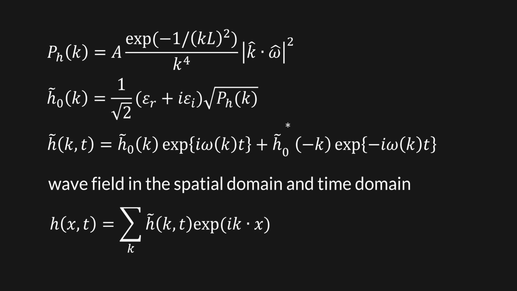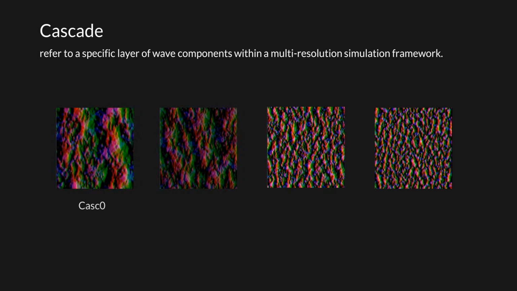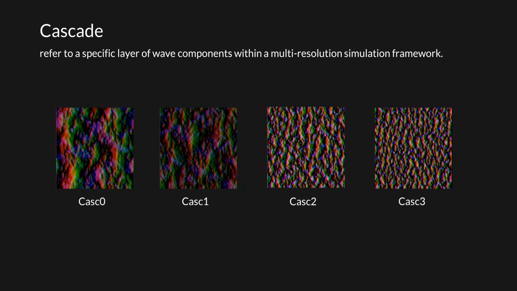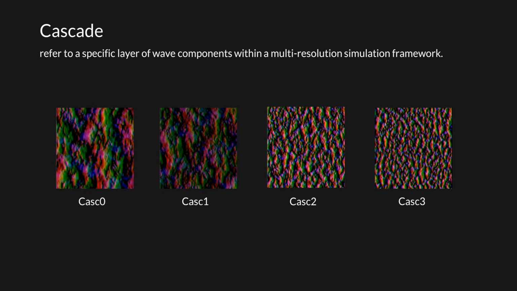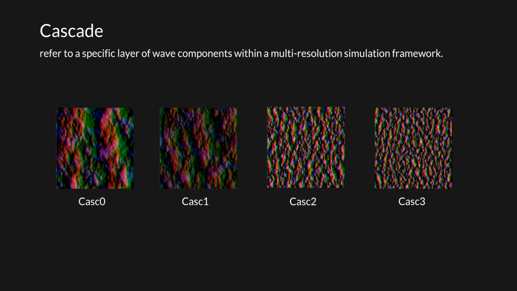To create our complete statistical wave model in the space domain, we combine many waves through the superposition method, reflecting the distribution of waves across physical space. In the context of ocean wave simulation, a cascade refers to a specific layer or level of wave components within a multi-resolution simulation framework.